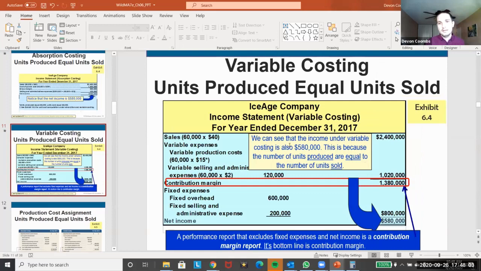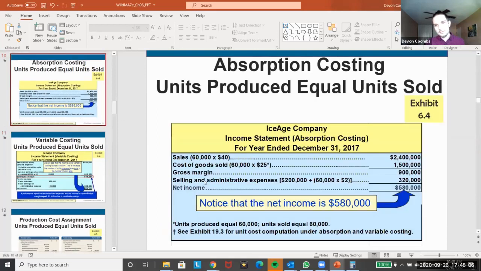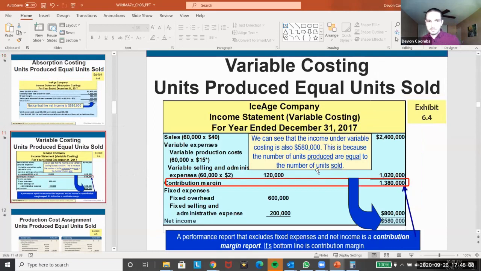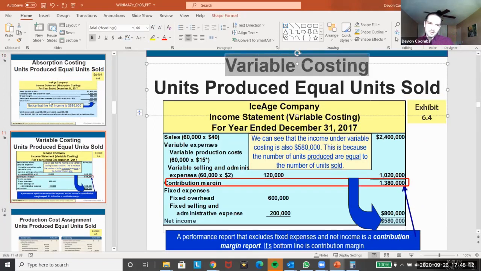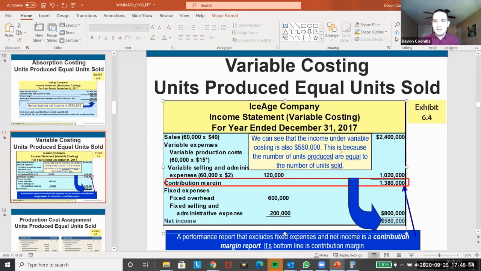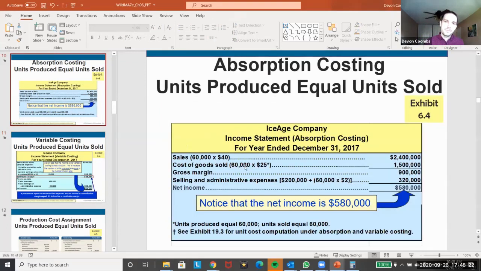And then here, how is that different than our variable costing, units produced equal units sold? Or just our variable costing versus absorption costing? The difference is here are $15. Our variable expenses are 15, right? Our overhead, well, here we have 25.